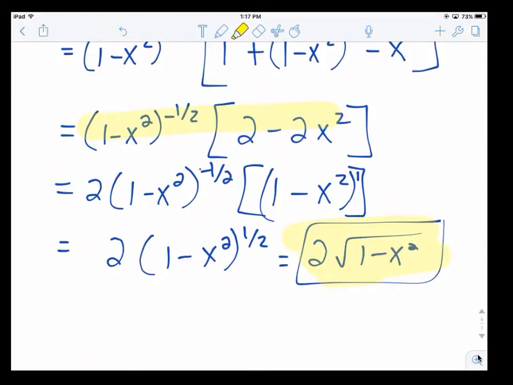So you can really just treat this like a variable. When you multiply them together, what is on the inside stays the same, and all you're doing is changing the exponent. So negative 1/2 plus 1 gives you that 1/2 when you multiply them together.